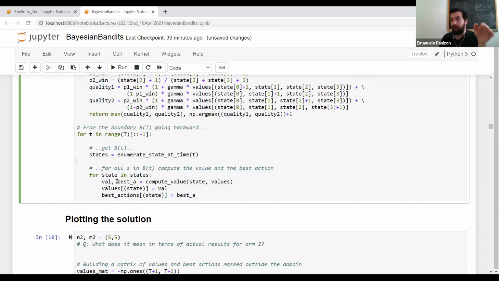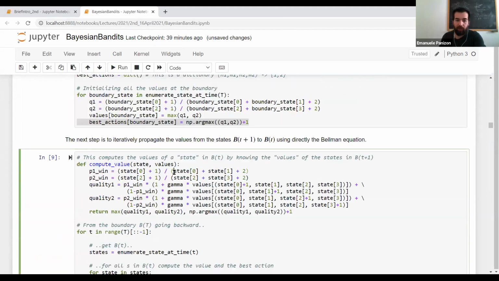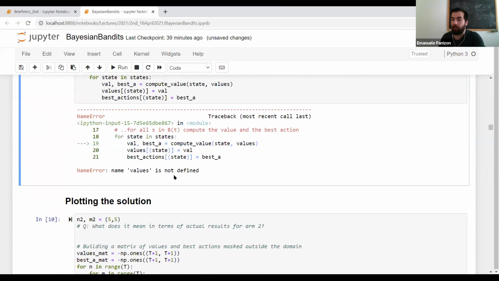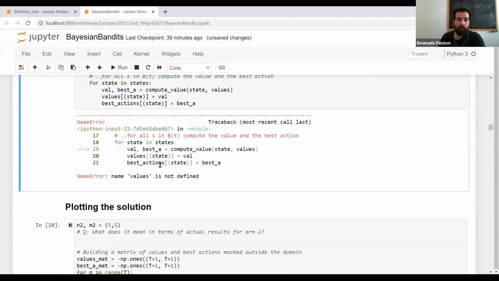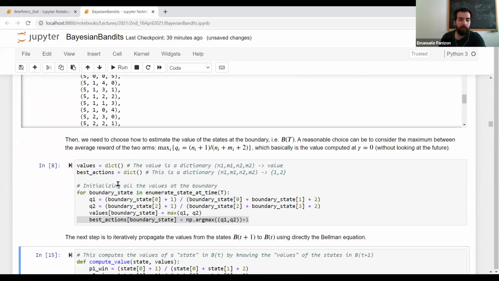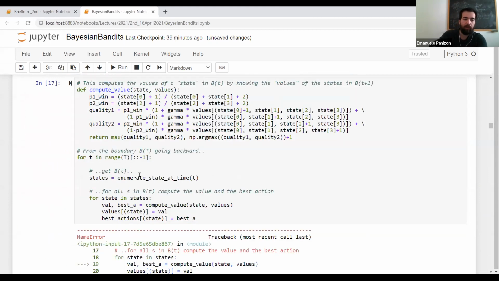What is the optimal value? What is the best action? And I store it. Okay, and I've done everything, and this is essentially solving my issue. I had to do this before.